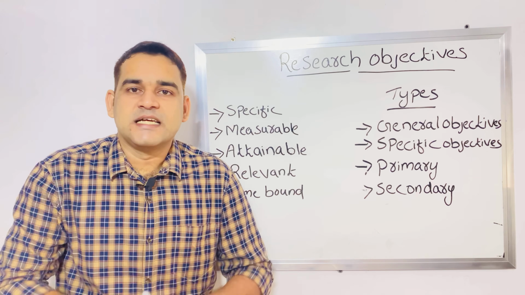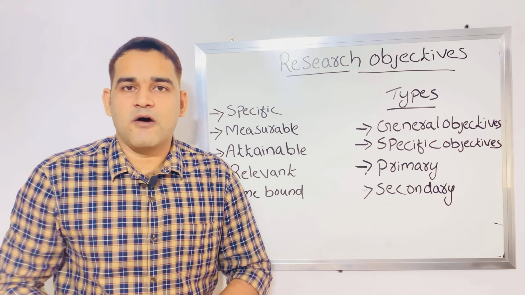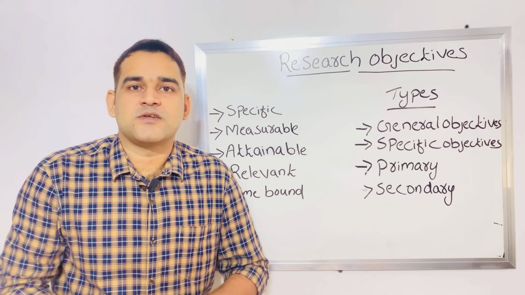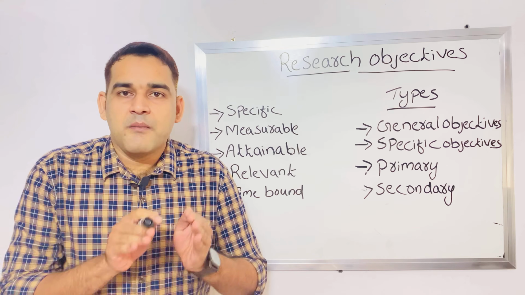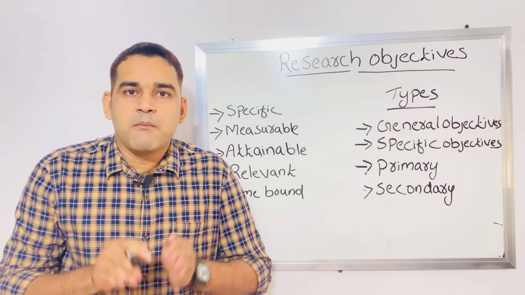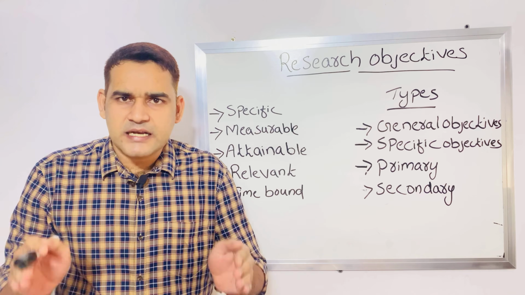So the first one is the general objective. That means the common objective of your research study, the main focus of your research. It is a broad focus and it will cover the entire research study.